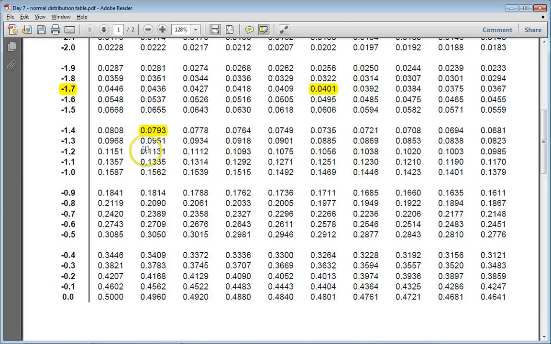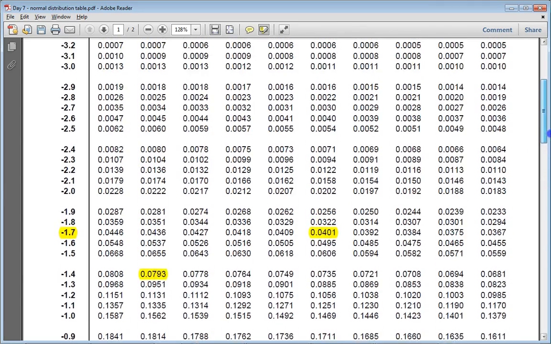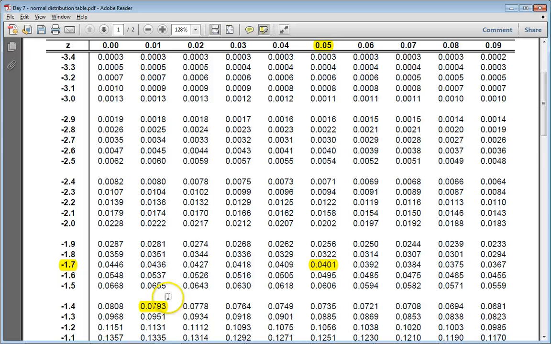0.0793. So focusing on that number, I need to translate it into a z-score. Look left, look up. Looking to the left, I've got negative 1.4. Looking up, I've got 0.01. Put those together, what do I get?